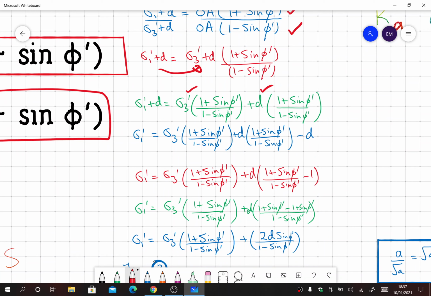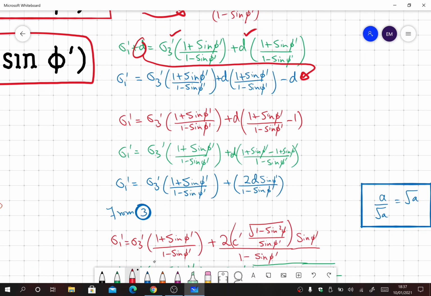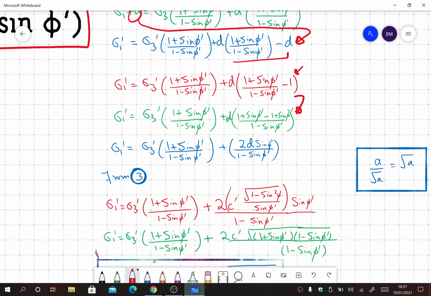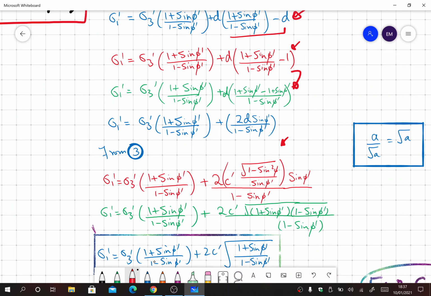Now we have shifted this d to this side, so minus d. Taking d common out of these two terms, and taking LCM, we get 1 minus sine phi. So it trims down to 2d sine phi over 1 minus sine phi.